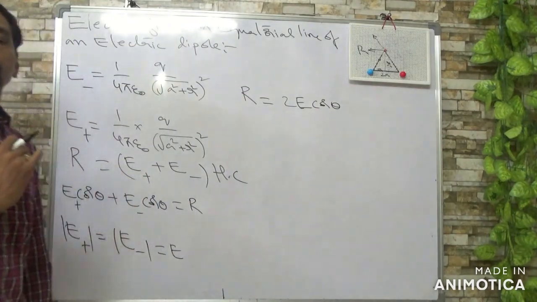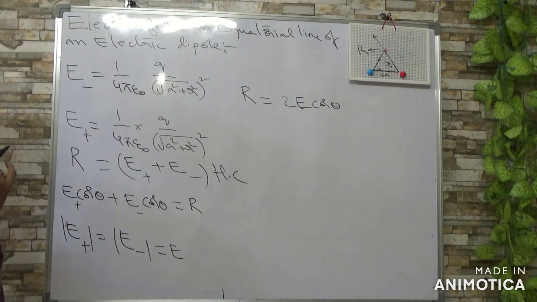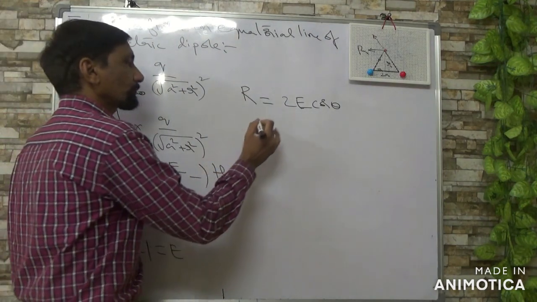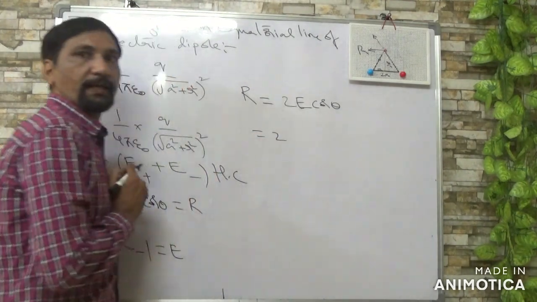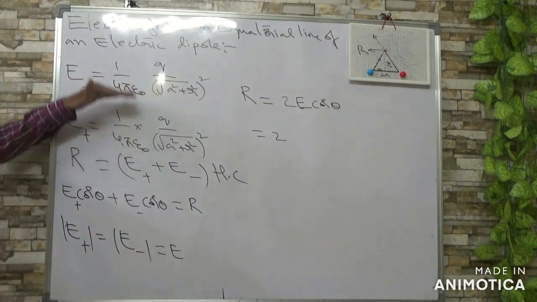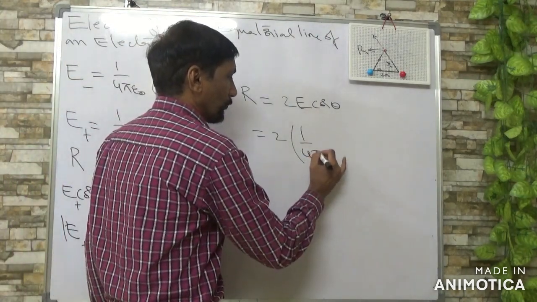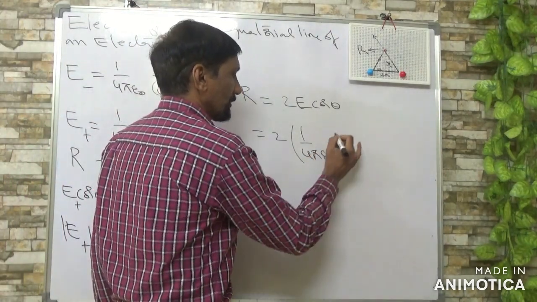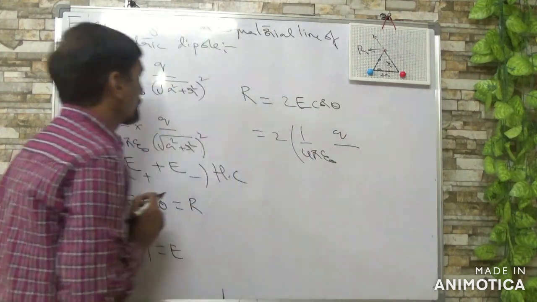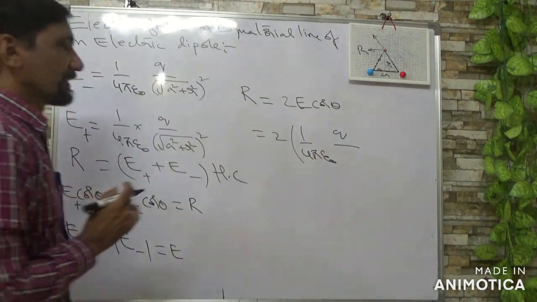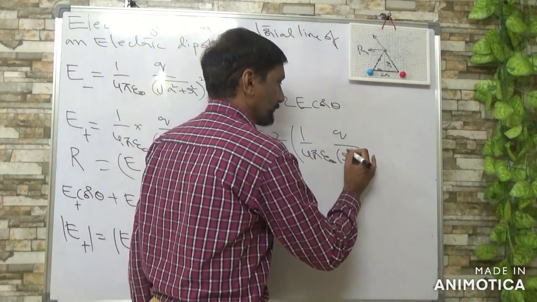So 2 into the electric field strength, which is 1 by 4 pi epsilon naught into q by (r square plus a square), root cancel now.